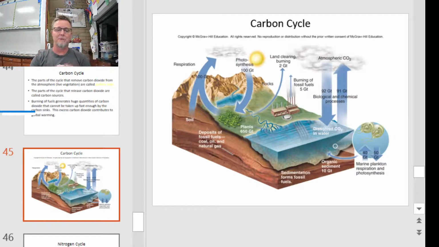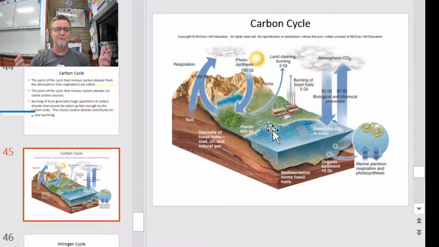This is a picture of what the carbon cycle looks like, right? Just explaining all of those parts all over again. So when you think about burning fossil fuels, we're putting CO2 in the atmosphere, right? The only way we're going to get CO2 out is through photosynthesis, okay? So that's just kind of the heart of the carbon cycle. Photosynthesis takes CO2 out.